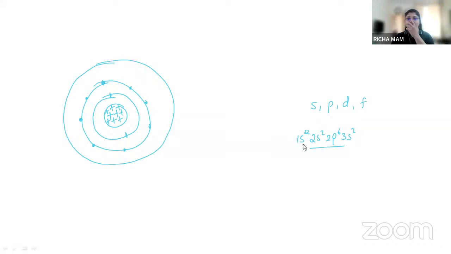Like that, the filling of electrons takes place around the nucleus.